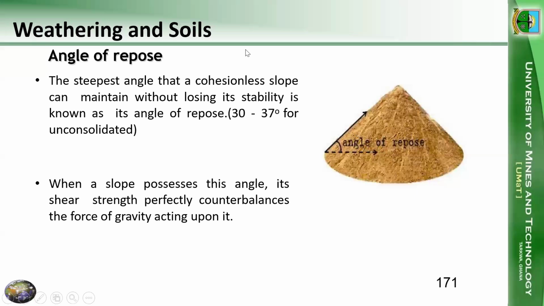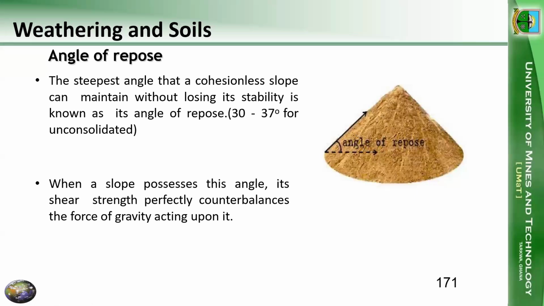Now we can talk about what we call the angle of repose. The word repose means rest, like to rest. So the angle of repose is the steepest angle that a cohesionless slope can maintain without losing its stability.